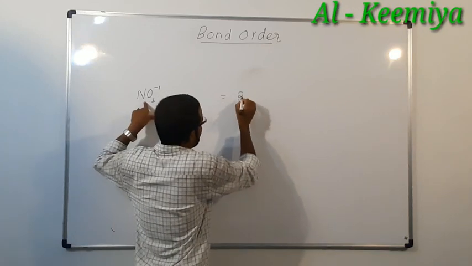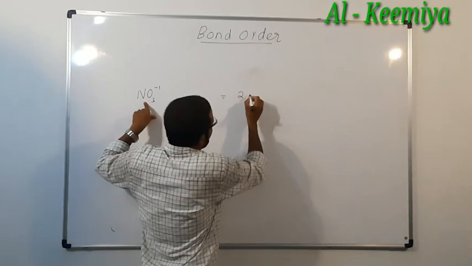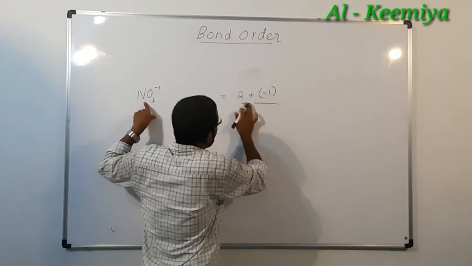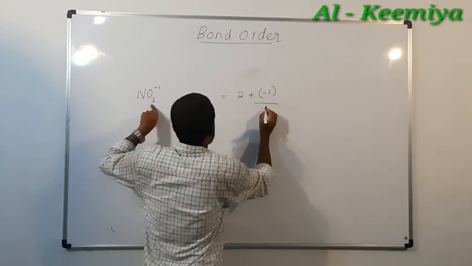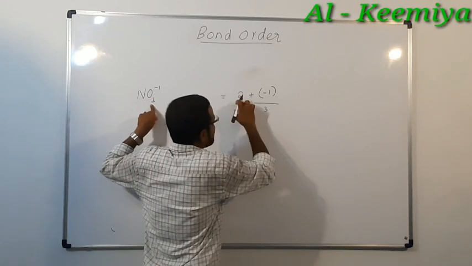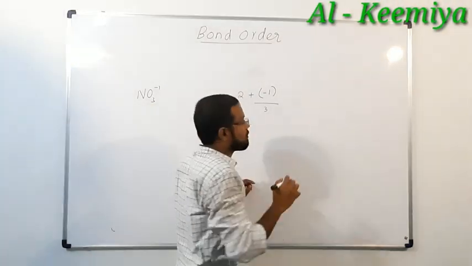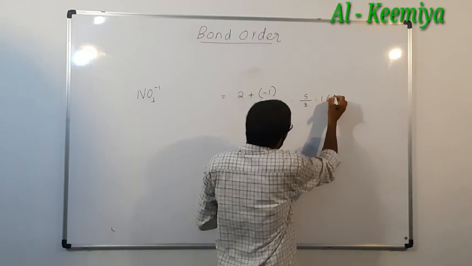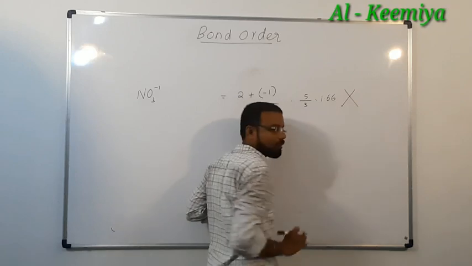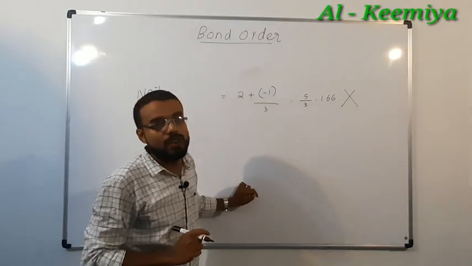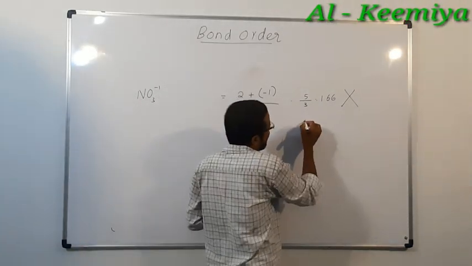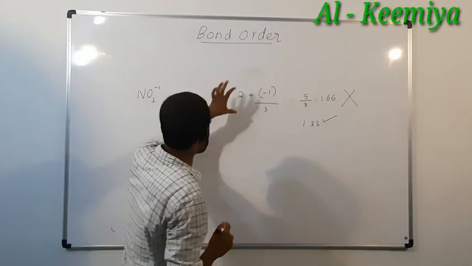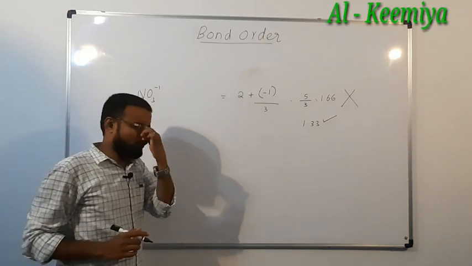Surrounding atom oxygen, valency 2, plus charge minus 1, divided by the number of surrounding atoms, 3 into 2 is 6, minus 1, that is 5 by 3, that is equal to 1.66. This is wrong. That is not the bond order of the nitrate ion. Instead, the bond order of the nitrate ion is 1.33. So this equation is not applicable for the nitrate ion.